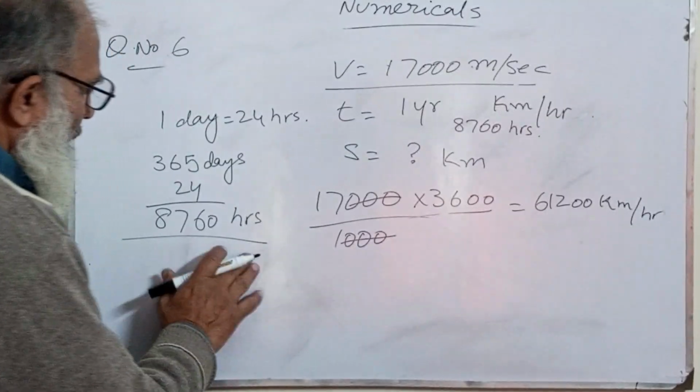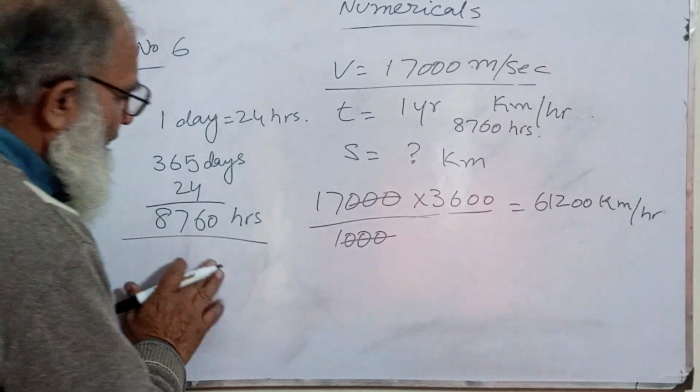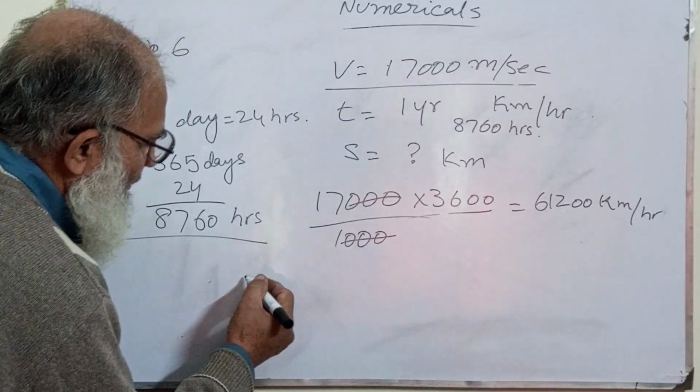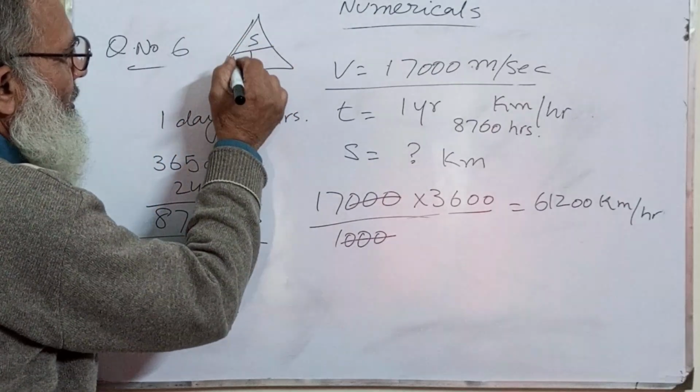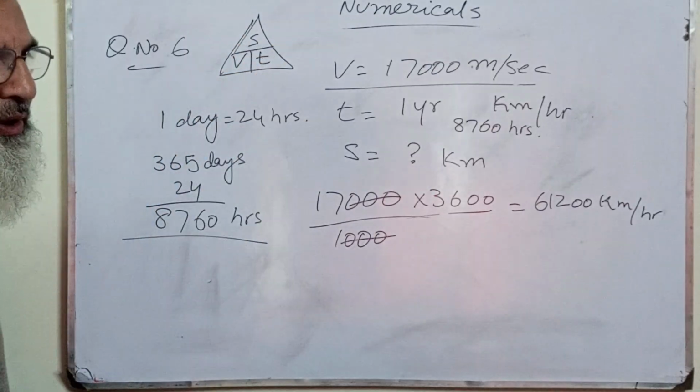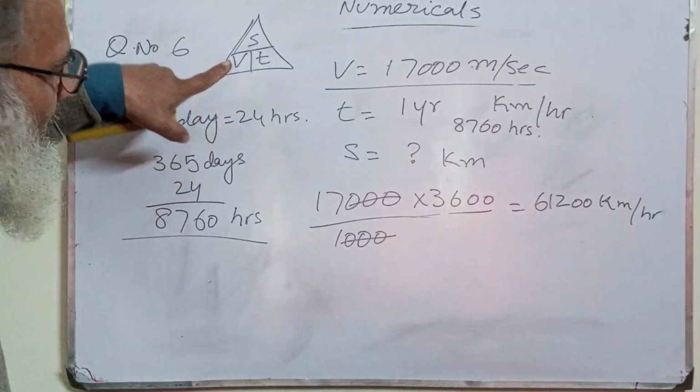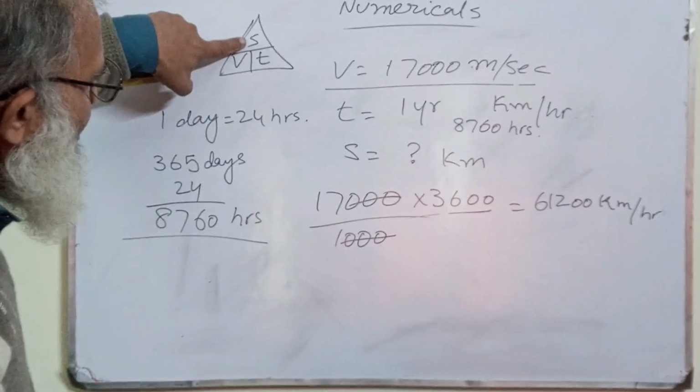Now, how far will it travel when we multiply? What is our formula? S is equal to Vt, and we have to find S now.